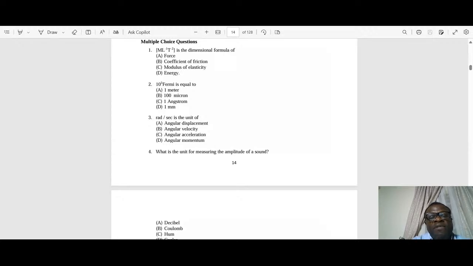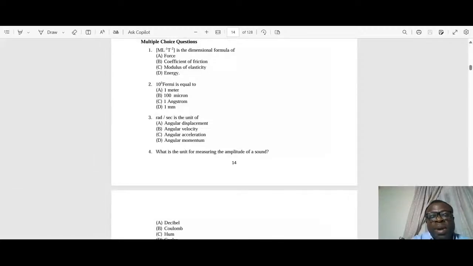10 raised to power 5 Fermi is equivalent to A, 1 meter; B, 100 micron; C, 1 Angstrom; D, 1 millimeter. The approach here is 1 Fermi is equivalent to 10 raised to power minus 15 meters. So converting 10 raised to power 5 Fermi, we multiply. I told you when to multiply and when to divide.